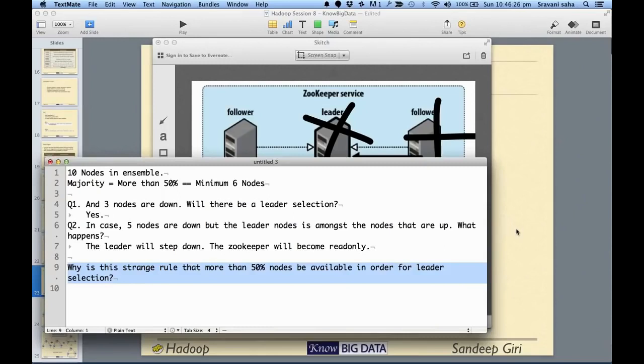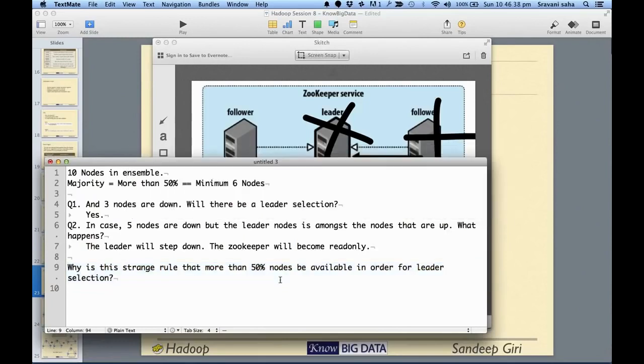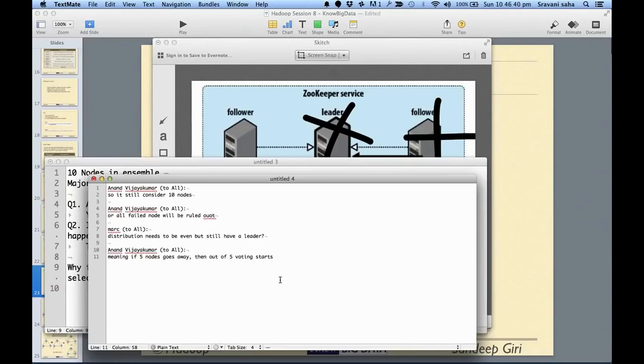Anand says, so it still considers 10 nodes, or all failed nodes will be ruled out.